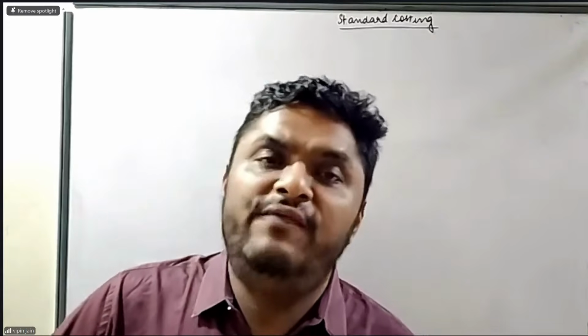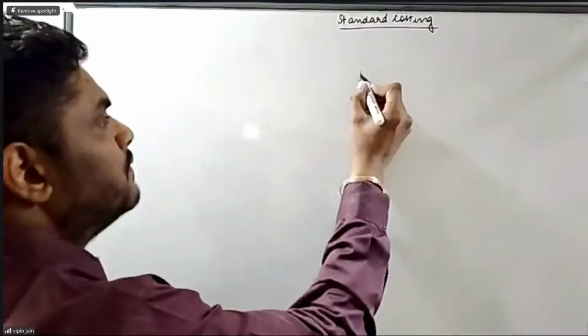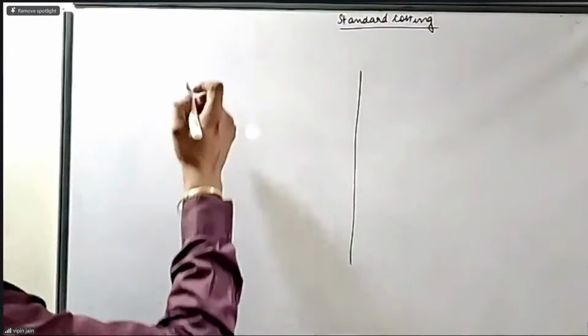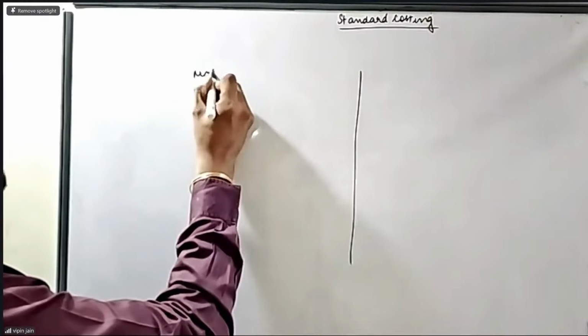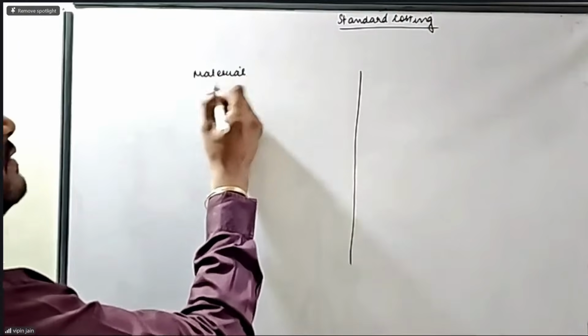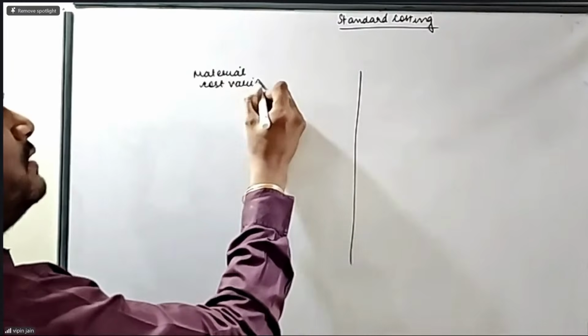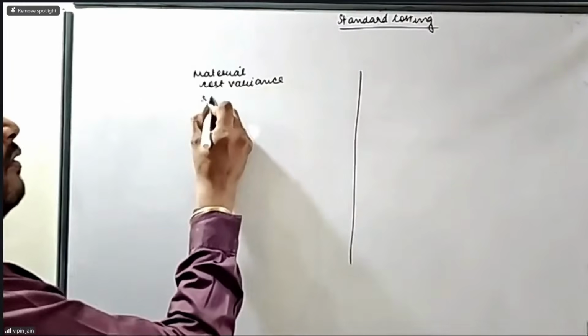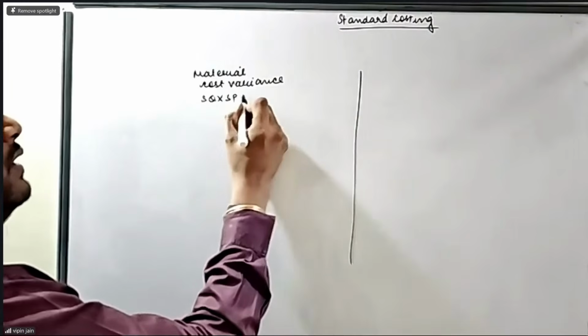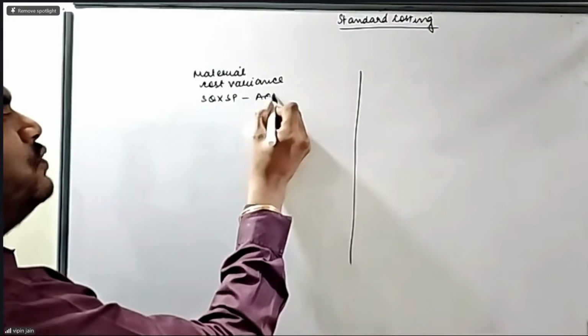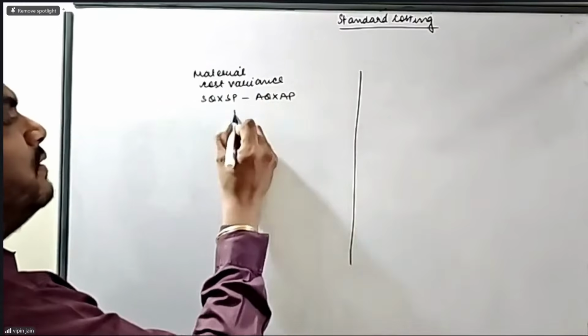Let me give you a brief about what we discussed in the previous two sessions. We discussed material and labor variances, wherein first we covered material cost variance. That was standard quantity into standard price minus actual quantity into actual price.